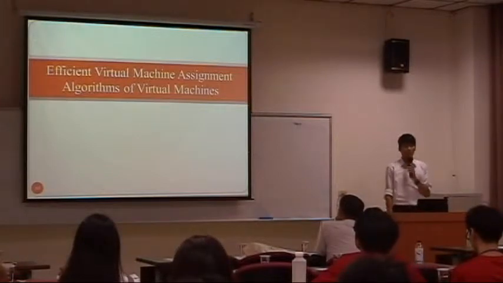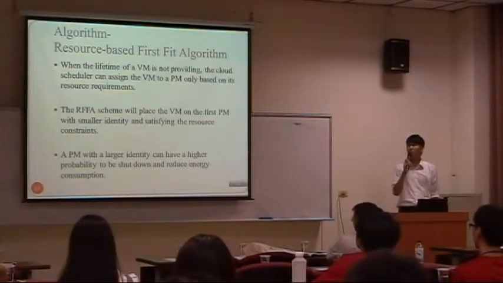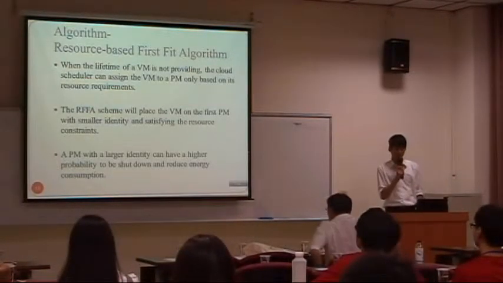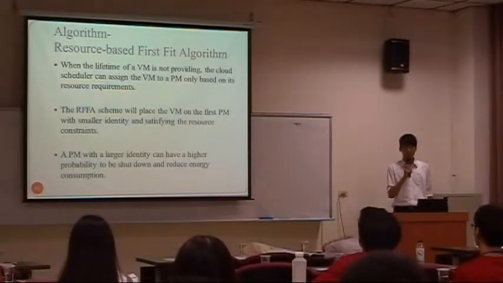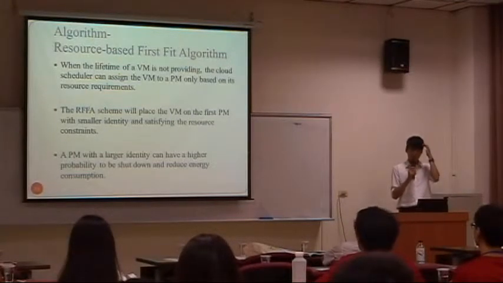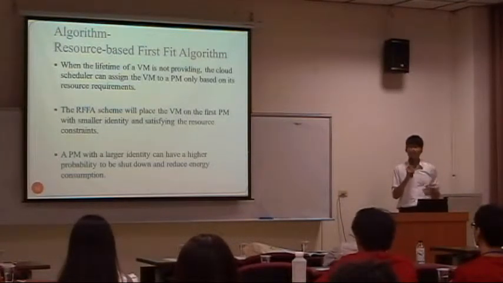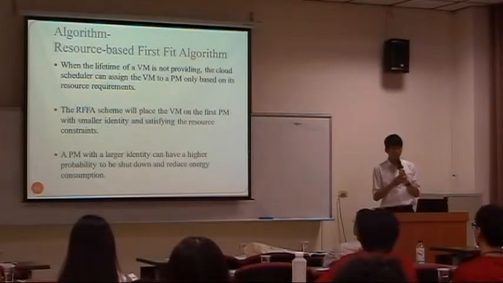Here is our proposed algorithm. We propose a resource-based first fit algorithm. When the lifetime or execution time of a virtual machine is not provided, the cloud scheduler can assign the virtual machine to a physical machine based only on its resource requirements.